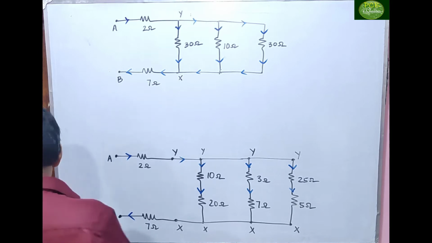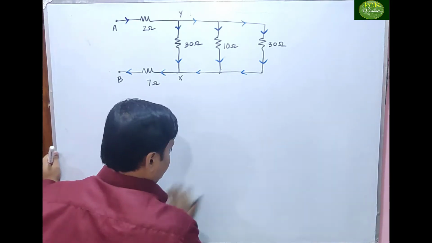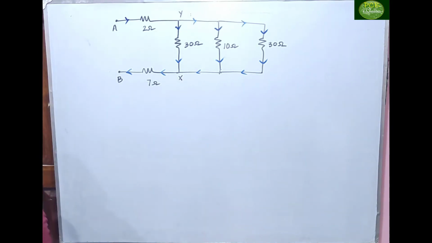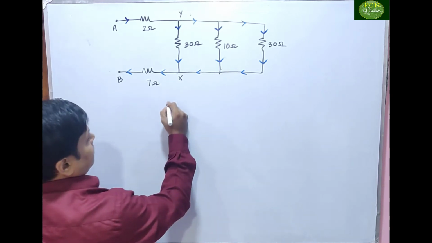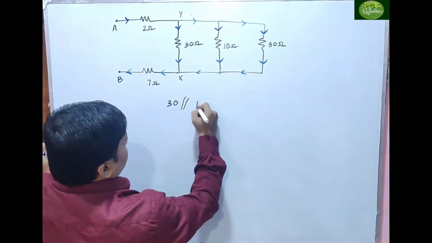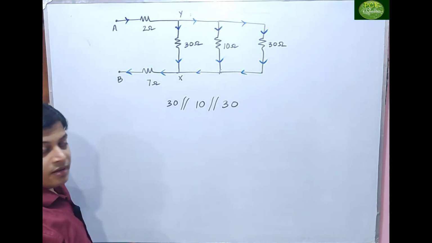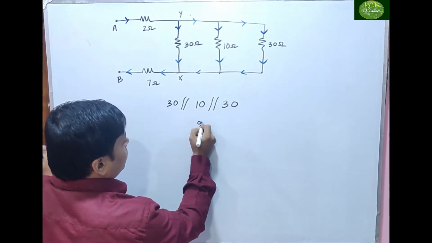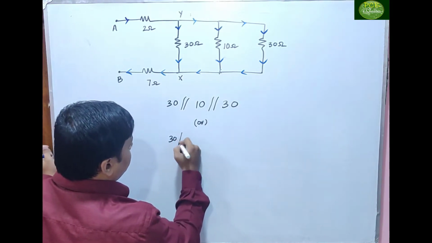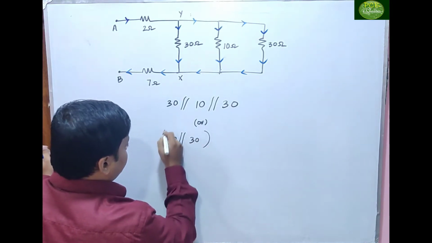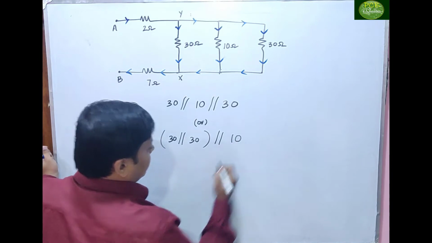Fine. So we'll redraw the circuit diagram. First of all, I'll write down that one. 30 ohm parallel with 10 parallel with 30. Or I can write down 30 ohm parallel with 30 parallel with 10.